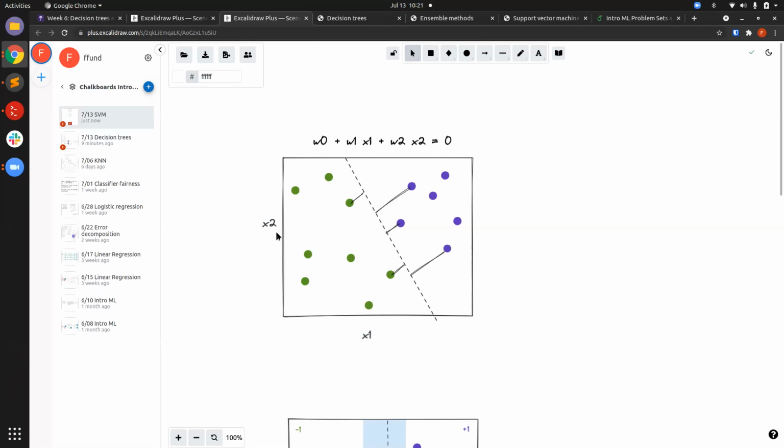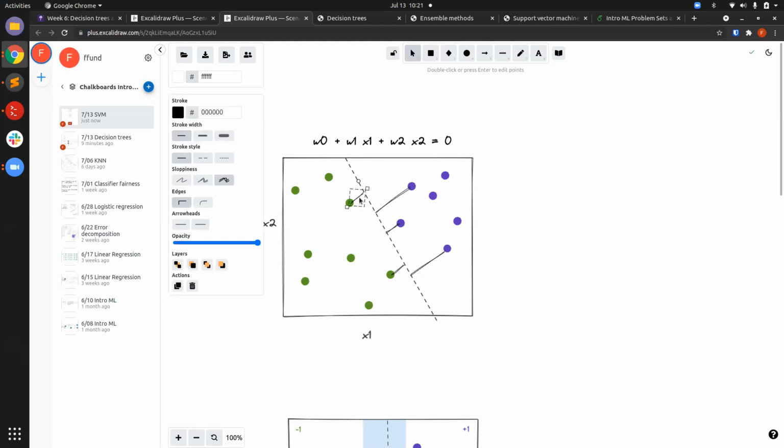Now, of all of these perpendicular distances, I'm going to take the smallest one. And I'm going to think of this as being actually half of the margin.